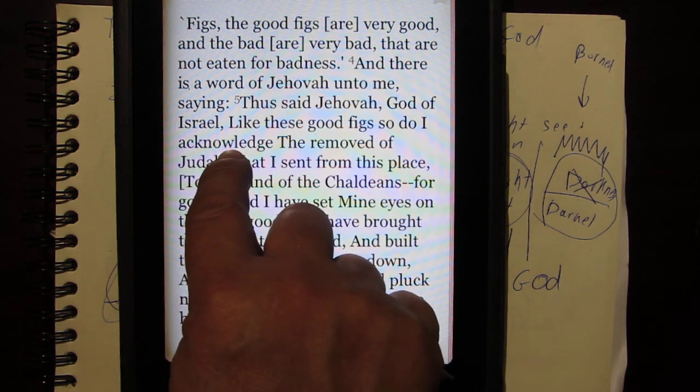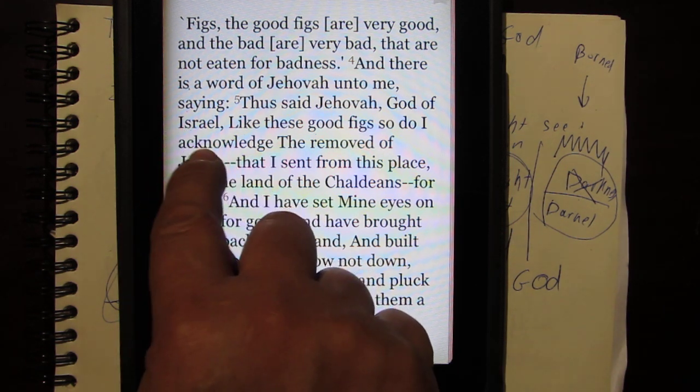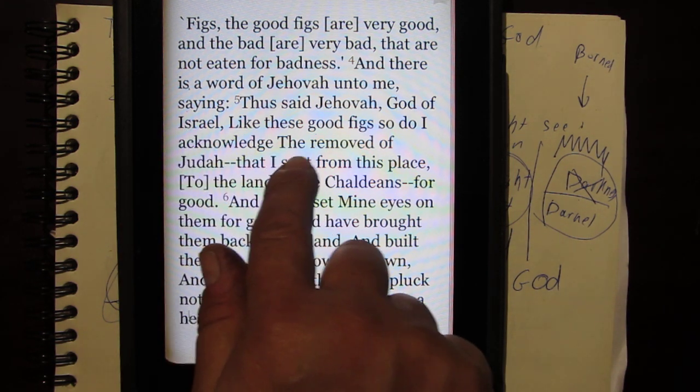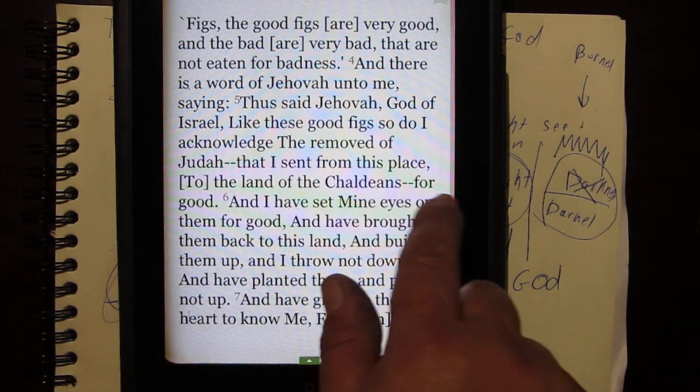The good figs are acknowledged. The man on the right side of Jesus on the cross. The removed of Judah that I sent from this place to the land of the Chaldeans for good.